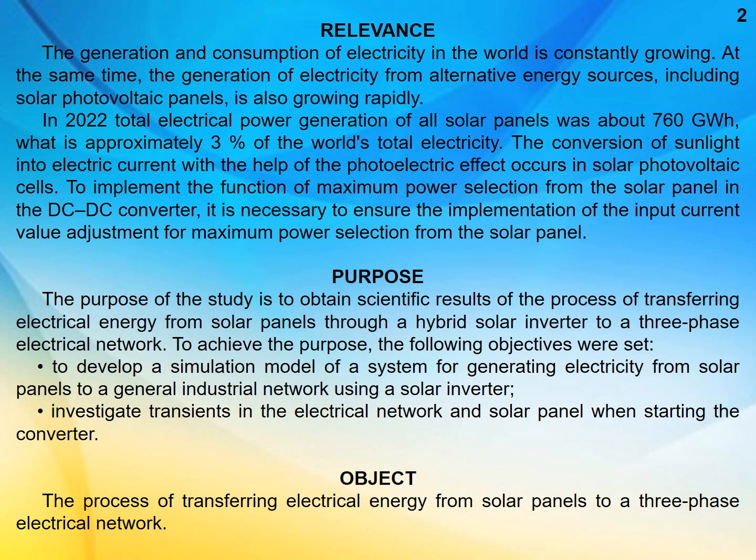The purpose of the study is to obtain a scientific result of the process of transferring electrical energy from solar panels through a hybrid solar inverter to a three-phase electrical network.